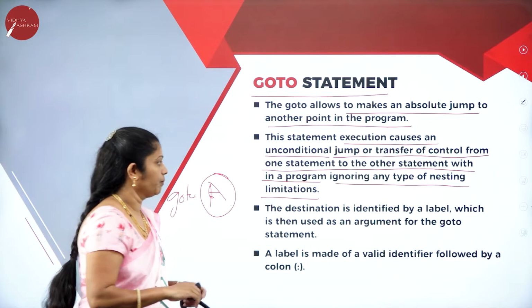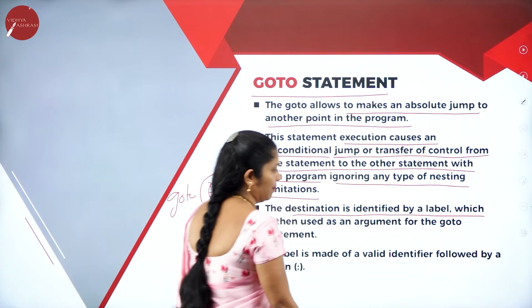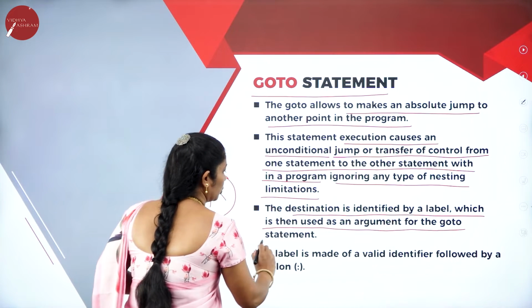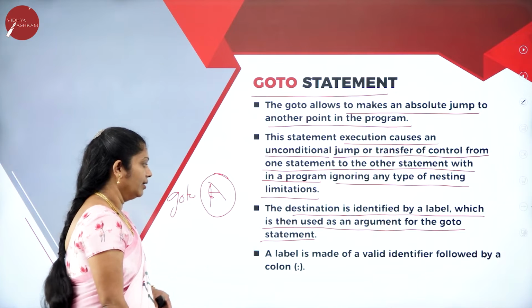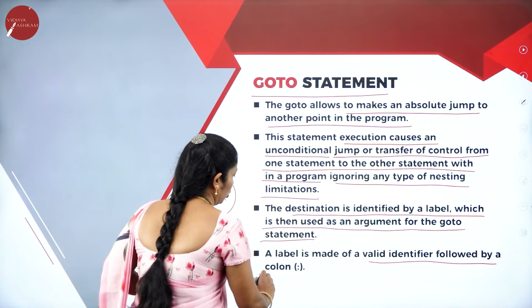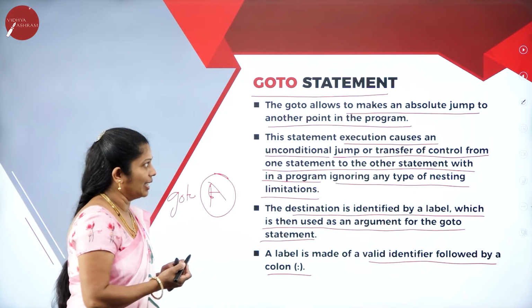The destination is identified by a label, which is then used as the argument for the goto statement. The label is made up of a valid identifier followed by a colon. We will explain this with an example.